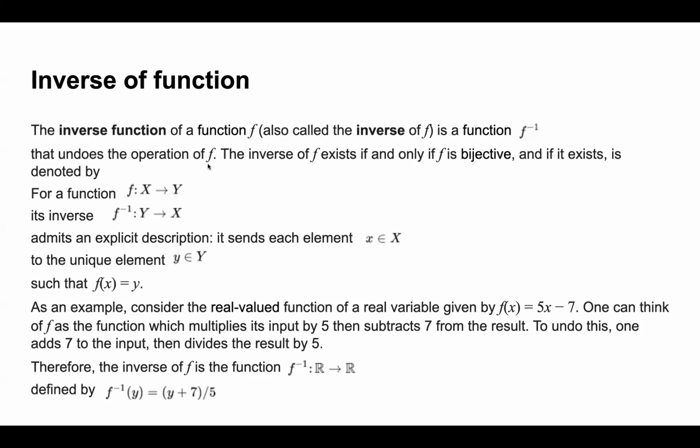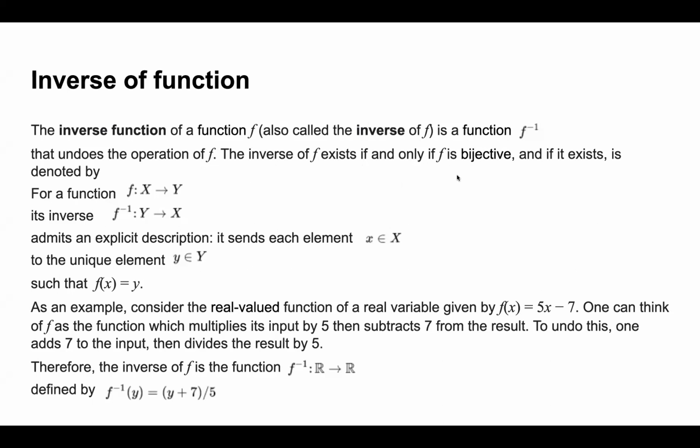Whatever is done by this f, it undoes, means the reverse of f is f inverse. Whatever it does, it takes the reverse of that. Okay, it is the f inverse. The inverse of f exists if and only if f is bijective.